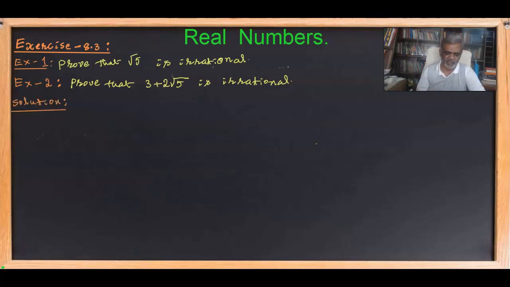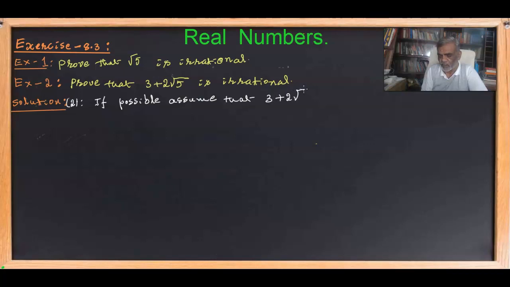Now, the solution to example 2. If possible, as earlier, assume that 3 plus 2 root 5 is a rational number.